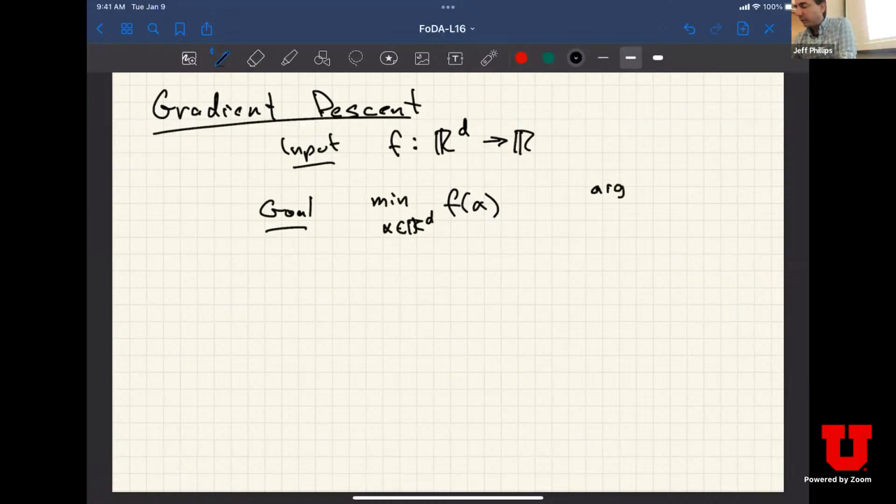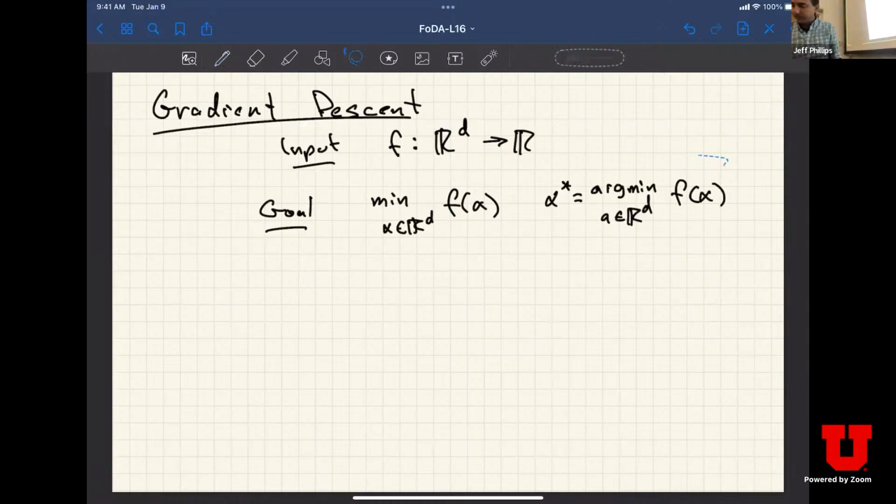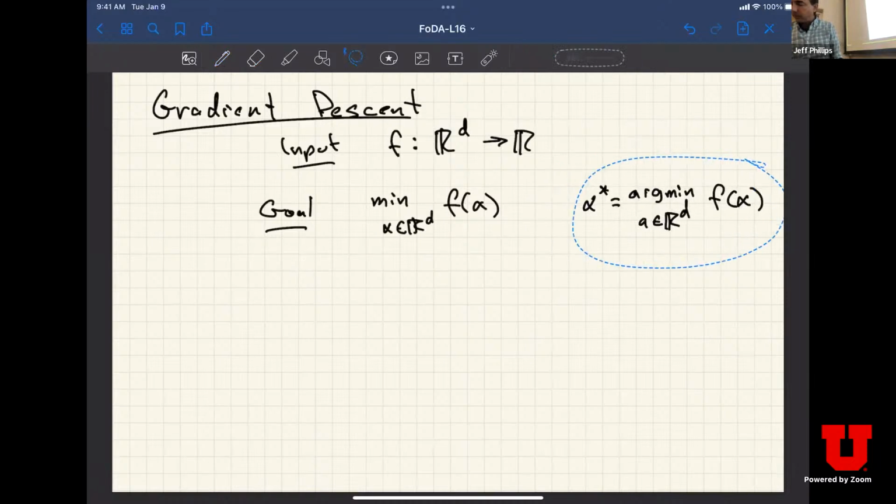Often, and it will be the same algorithm, we'll want to actually find the argmin of f of alpha, which we will call alpha star, the optimal choice of alpha, the one that minimizes the function.